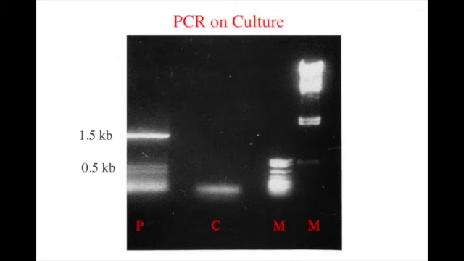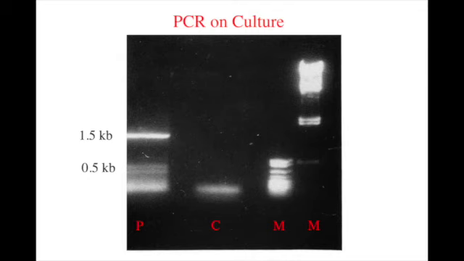The right two lanes, labeled M, are DNA size markers. It's very clear that the patient's culture yielded a very prominent band measured at approximately 1.5 kilobases or 1,500 nucleotides, and some smaller bands around 500 nucleotides.